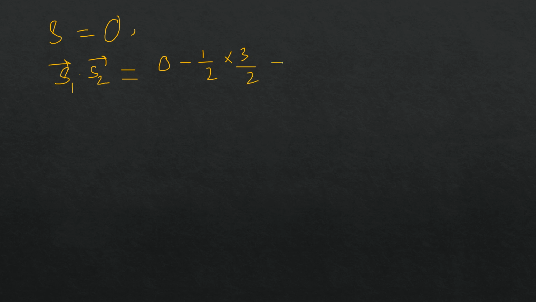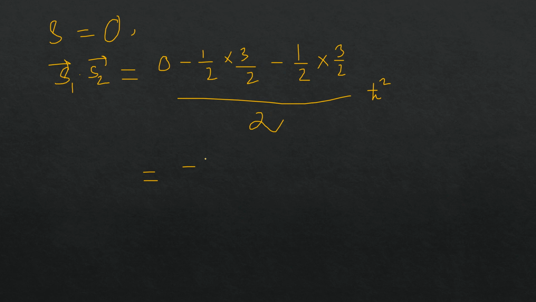For S equal to 0, S1 dot S2 is S square, that means S into S plus 1, that is 0, minus S1 into S1 plus 1, that is half into 3 by 2, minus S2 into S2 plus 1, that is half into 3 by 2, whole divided by 2, times h cut square. So this one is minus 3 by 4, minus 3 by 4, that is minus 3 by 2, whole divided by 2.